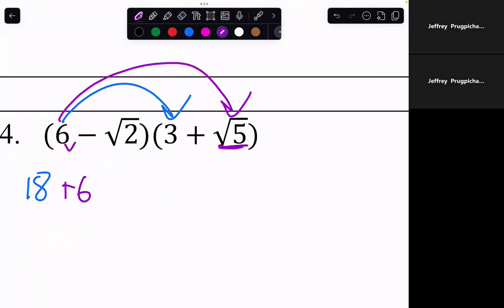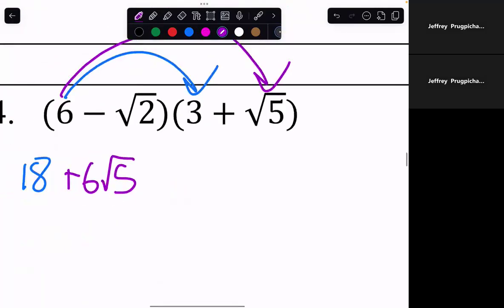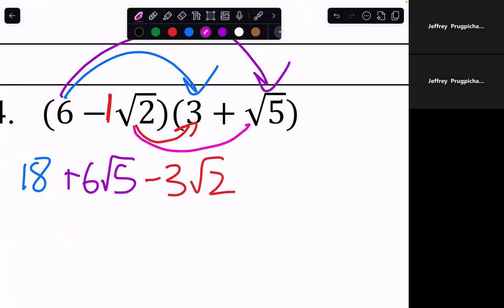And the radical 5 is nothing to combine with, so it just stays. Then negative radical 2 times 3. So this time it's negative 1 times 3 would be minus 3. And the radical has nothing to combine with, so it stays. And then at the end, we have negative radical 2 times radical 5. So in front, negative 1 times positive 1 is negative 1. And inside the radicand, 2 times 5 is 10.